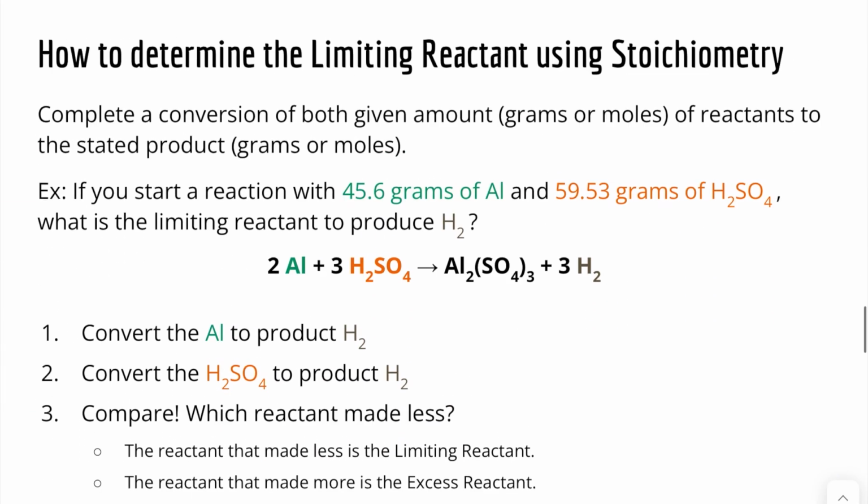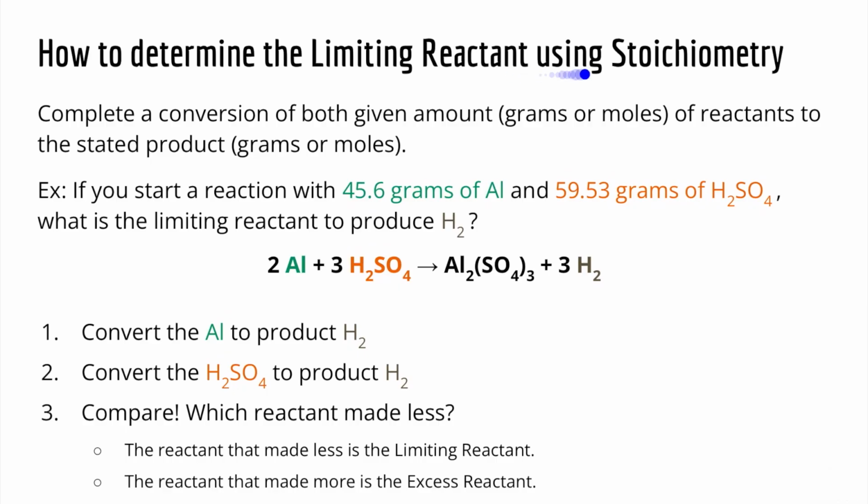So how do we go through determining limiting reactants using stoichiometry? Well, we went through those steps in that warm-up question. You're going to complete a conversion of both given amounts. You might be given grams or moles of your reactants, and then convert to the stated product. So this one we just did, 45.6 grams of aluminum and 59.53 grams of H2SO4.